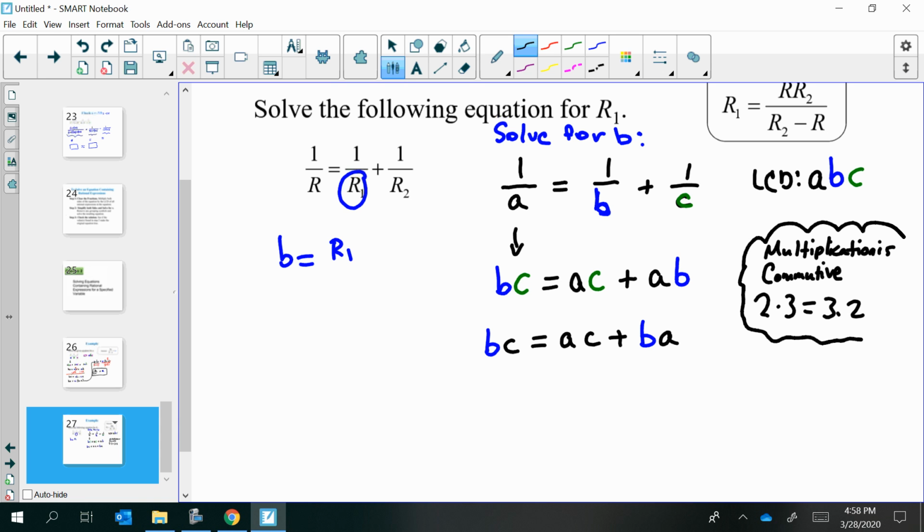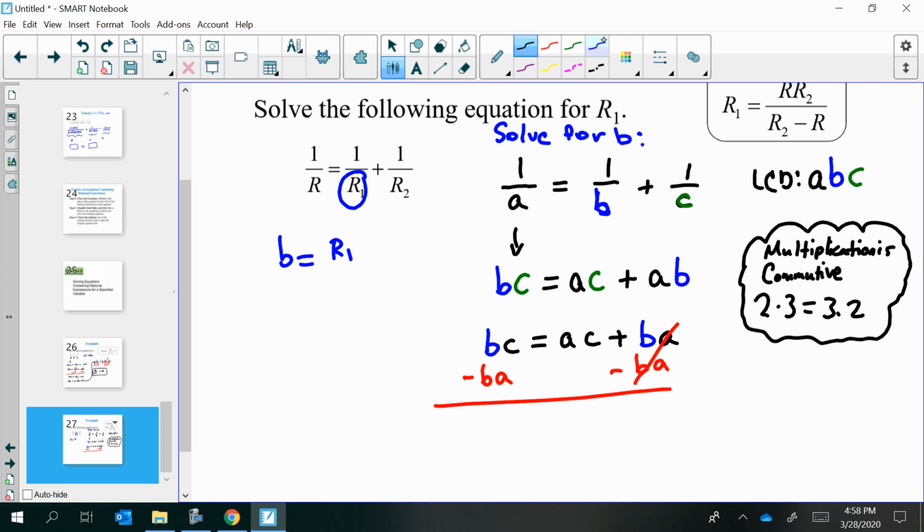Right, so we can do that. And I only did that because I think it just makes it look more comfortable. And then I'm going to subtract BA from both sides because my goal is to get all the terms that contain the variable I'm solving for together on one side, and any other kinds of terms that don't have that variable on the opposite side.